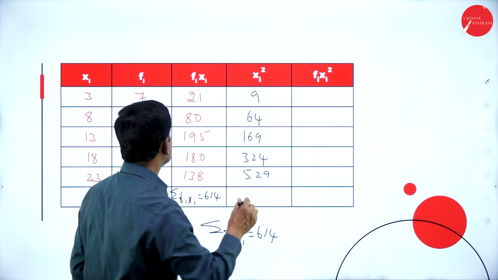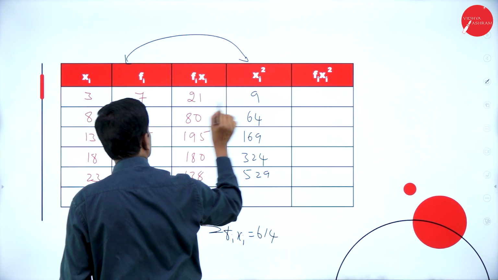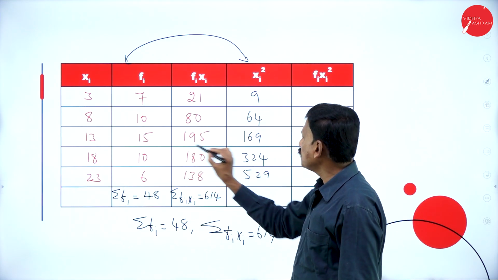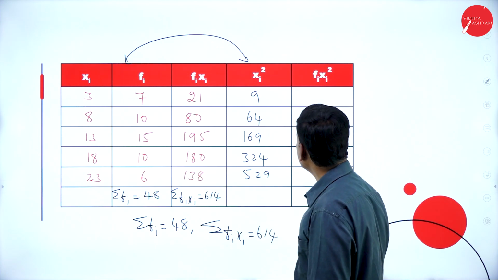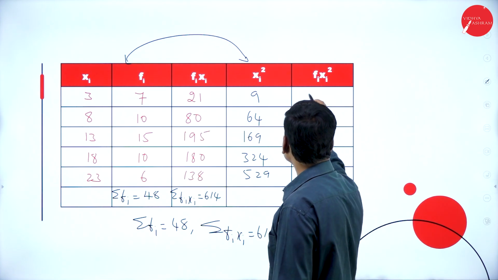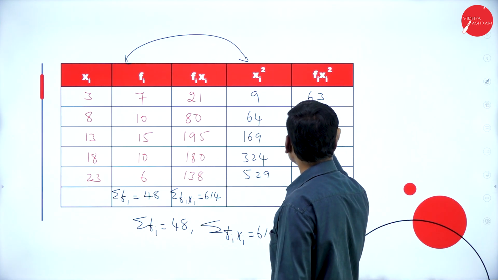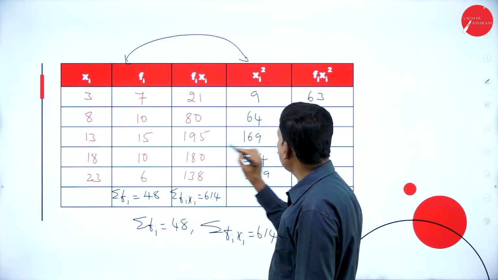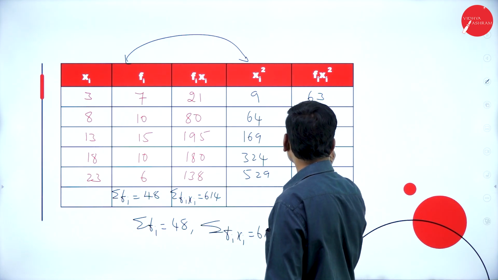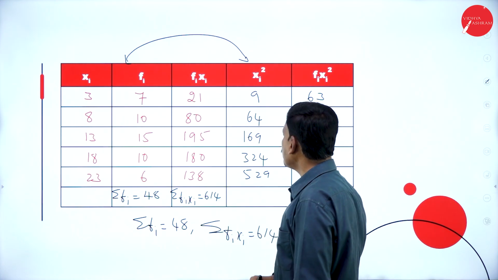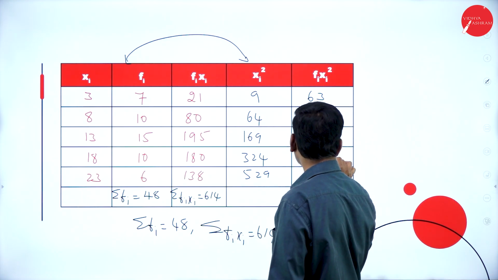Now multiply these two, fi and xi square. 7 into 9, 10 into 64, 15 into 169, 10 into 324, 6 into 529. 7 into 9 is 63. 10 into 64 is 640. 15 into 169 is 2535. 10 into 324 is 3240.